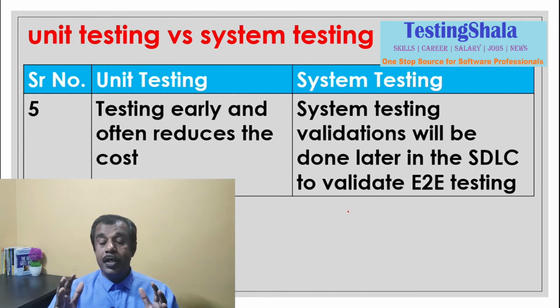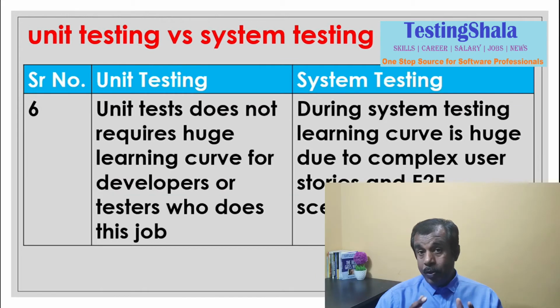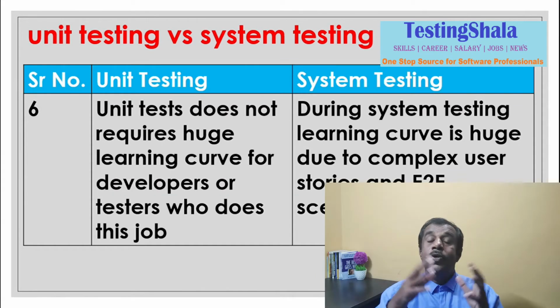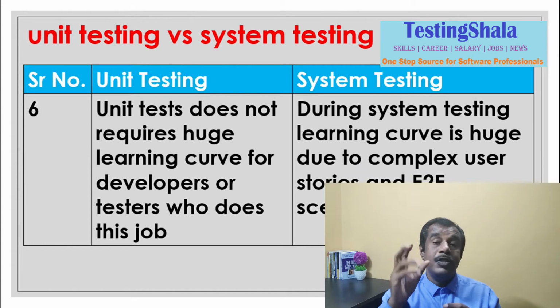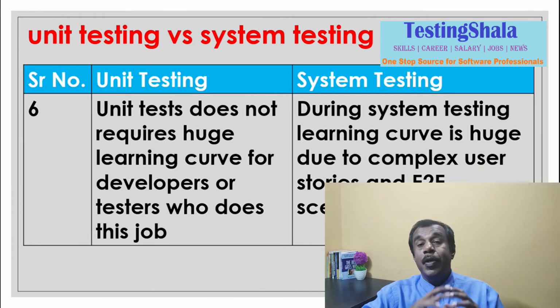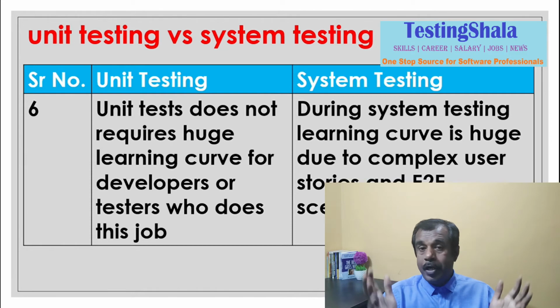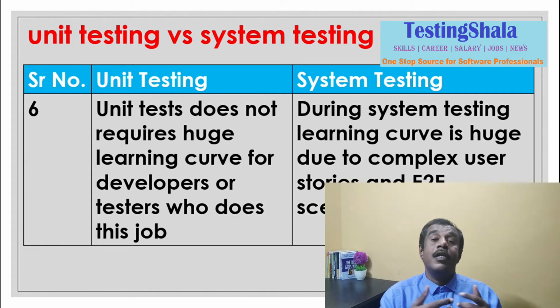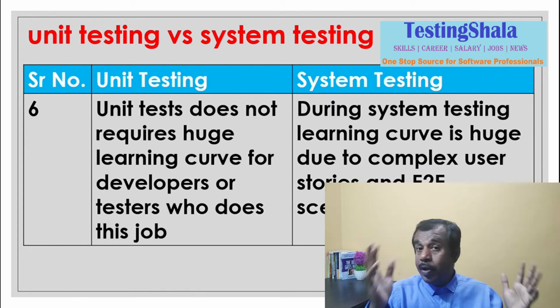The sixth one is that when we are doing unit testing, the unit tester or developer will be focusing on a very small module, a very small piece of code, so in order to learn that code or functionality, you may not need so much time. The effort involved in learning the requirements for that module is not very big.